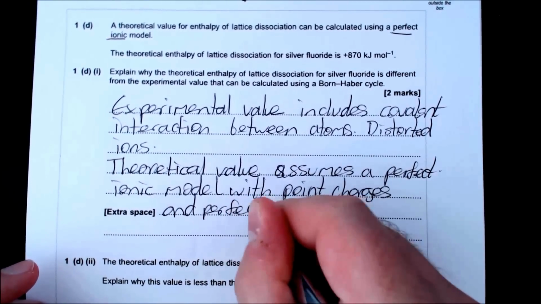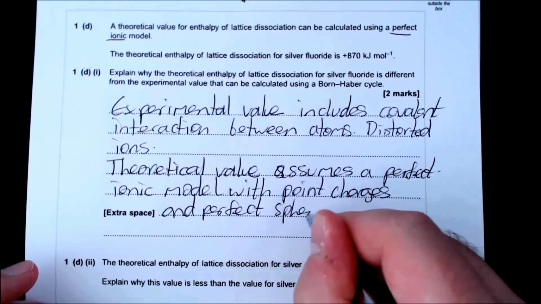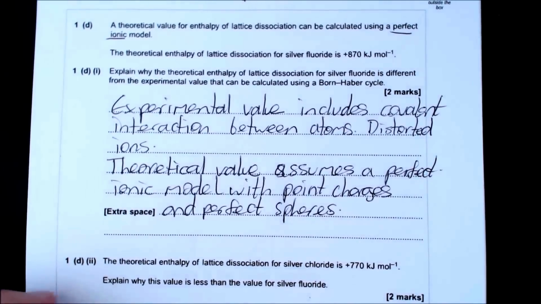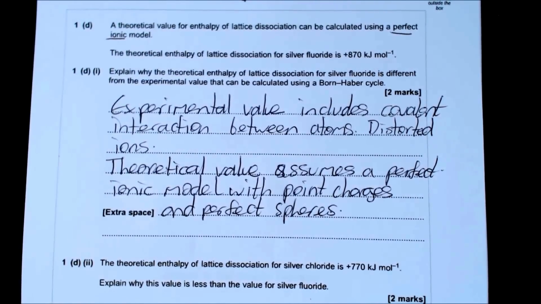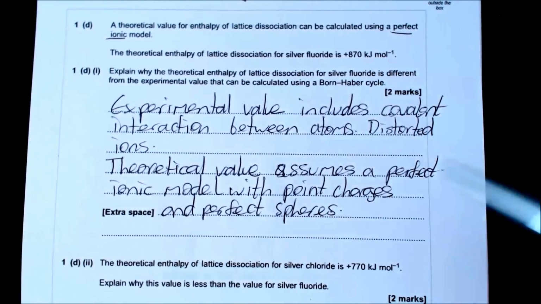Now, in the perfect world, that might be the case, but we don't live in a perfect world, and actually a lot of ionic compounds, the vast majority, do have an element of covalency in them as well, and obviously this has an effect on the value, and the more covalent character you have, the bigger the discrepancy in the value.